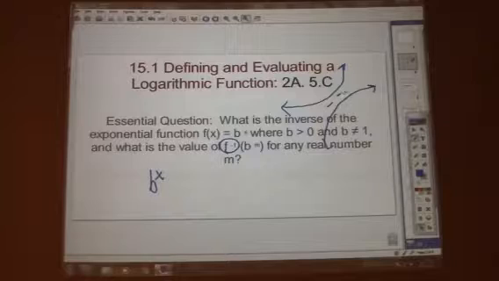The mirror is at y equals x. So an inverse of an exponential is a logarithmic, and an inverse of a logarithmic is an exponential. Okay, you can switch these two back and forth.